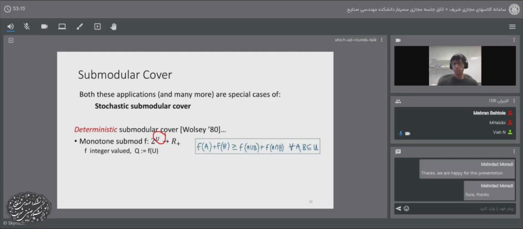And we will also assume by scaling the function that it only takes integer values, and we'll use capital Q to denote the maximal function value. So the maximal function value is the function value on the entire set of elements, so f of U. So that value will be denoted Q, and that will play an important role in our quantitative bounds.